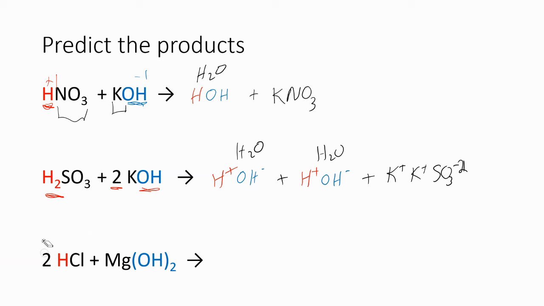So what we're seeing here then is the result of all that balancing out. So this would basically make two waters, right? And two of those potassiums need to sort of extinguish that SO3. So that's why there's two potassiums and one SO3.